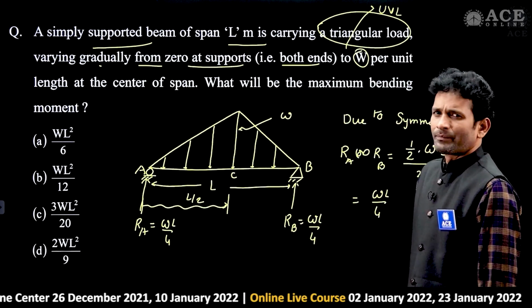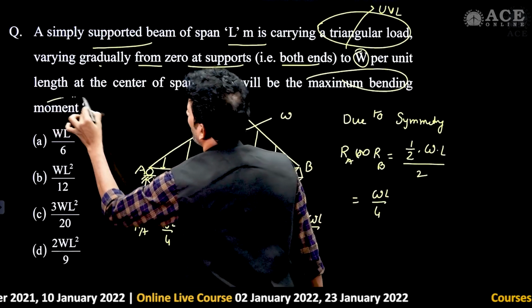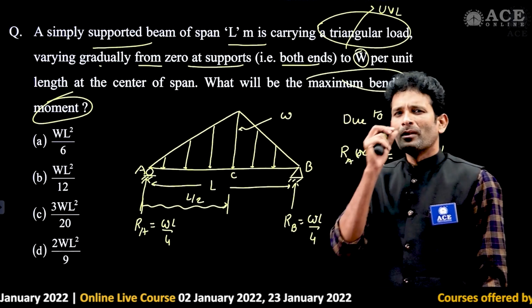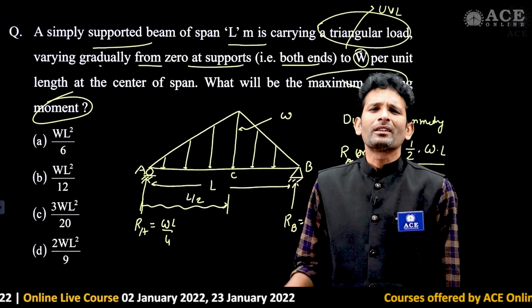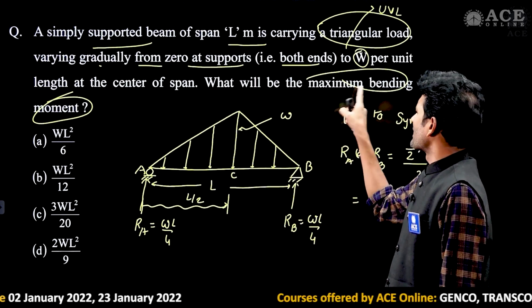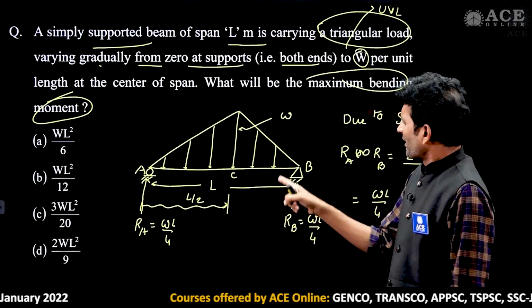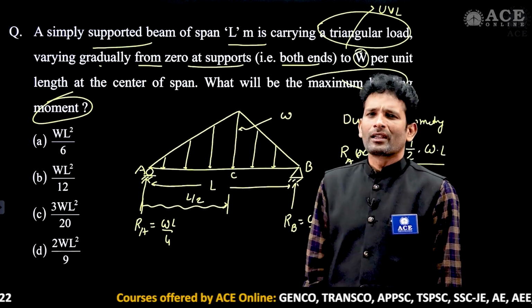But what do we require? What will be the maximum bending moment? This problem is from the SFD and BMD concept. We require the maximum bending moment value for this loading condition. Look here, the load is symmetrical.